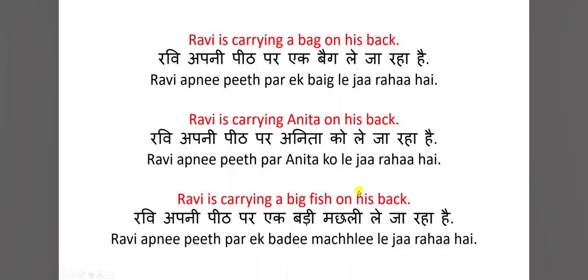Okay? Few more examples, with imperatives. Hit them is unko maro. Here, hit is maro, them is unko. Now this is an imperative, and you know that in an imperative sentence, the subject is you.